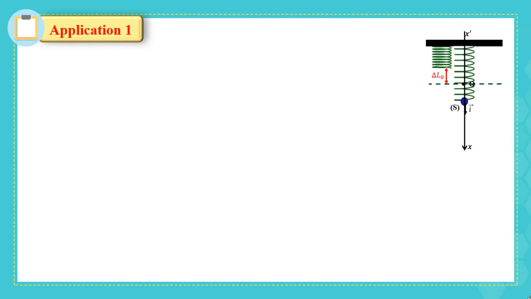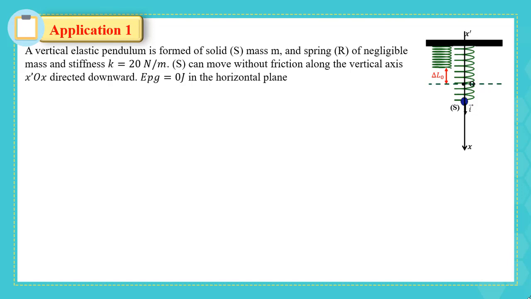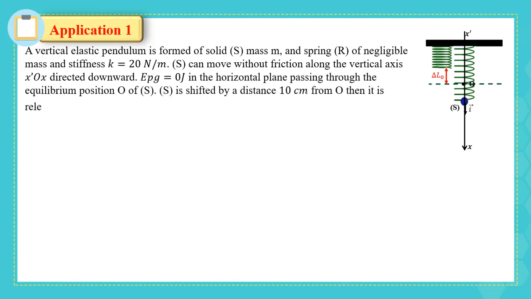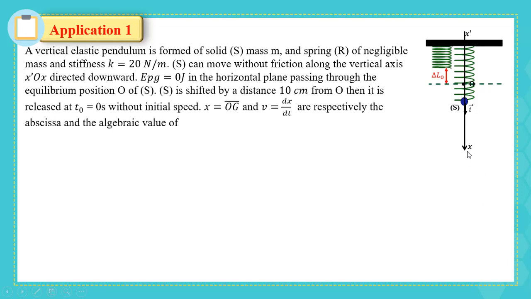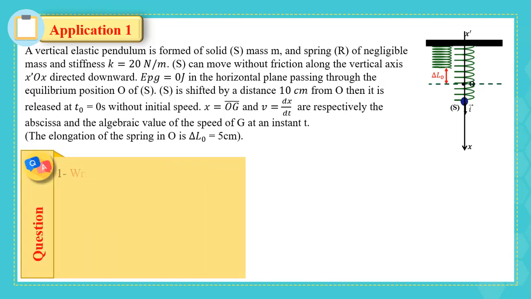We're going to solve this direct application in this video. I want you to read the question very well and try to solve it by yourselves. Here we have a vertical elastic pendulum which is shifted by 10 centimeters, and this spring has a stiffness k equals 20 newtons per meter, where delta L0 equals 5 centimeters.